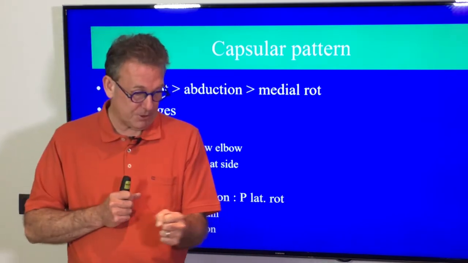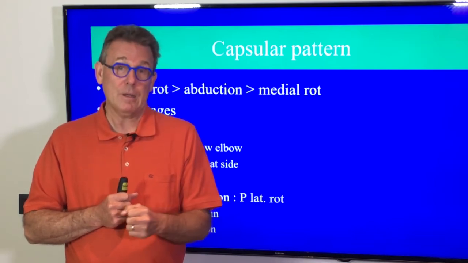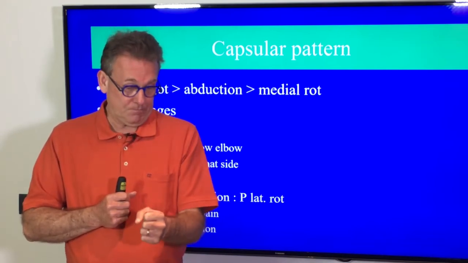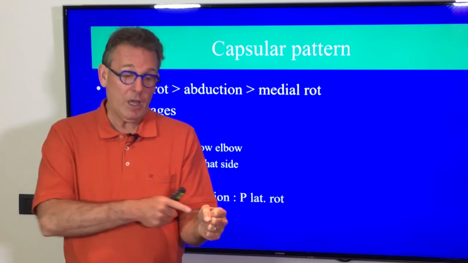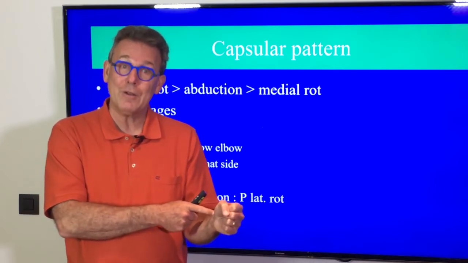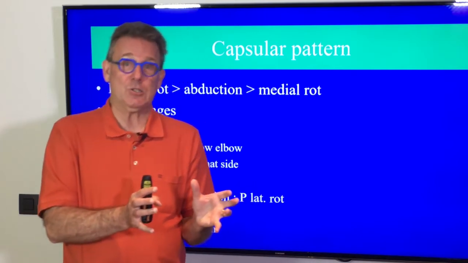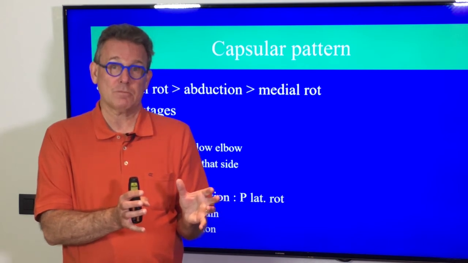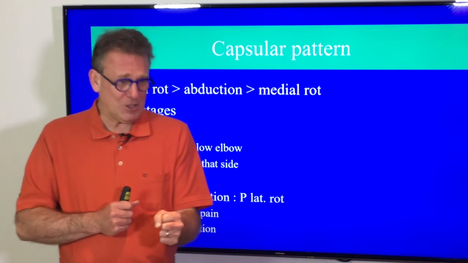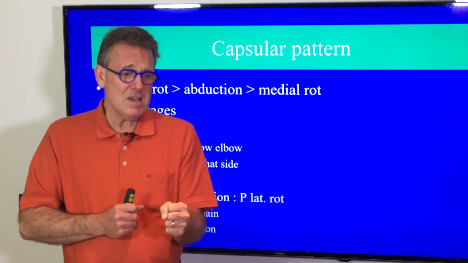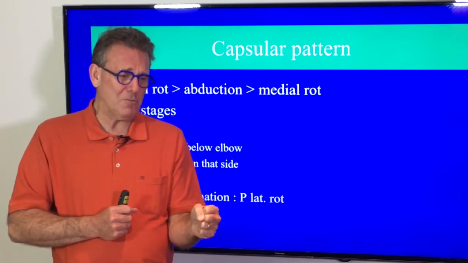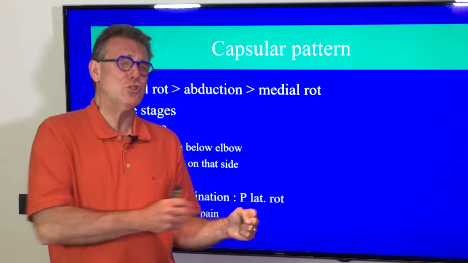Remember, lateral rotation, limited. What could you find? You could find a limitation, and if you try to go further, then you get some muscle spasm. Or it's really painful. Oh, stop.